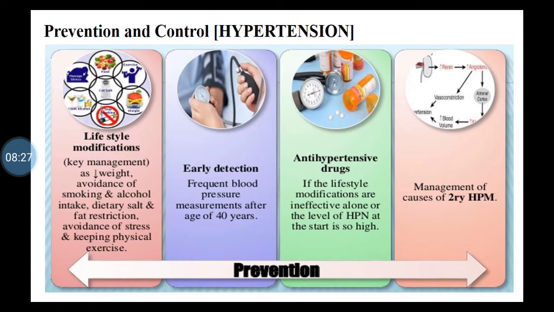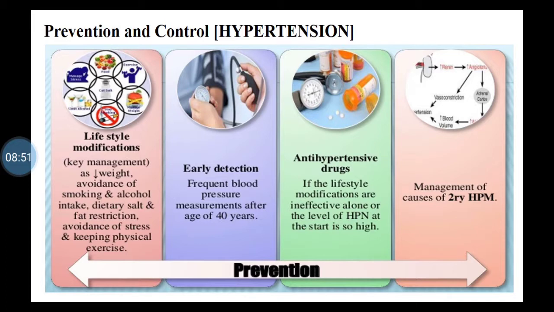Overeating, isn't it? Person eating fat rich diet, then habit of smoking, tobacco chewing, then consumption of alcohol, lack of physical activity, use of oral contraceptives. These are some of the important predisposing factors or risk factors with hypertension.